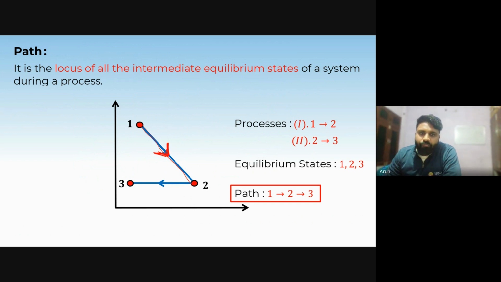So we have moved from 1 to 2 and 2 to 3. These are equilibrium states, because we are measuring the temperature and pressure here, again here, and again here. So we can measure the pressure and temperature at the equilibrium points. We connect them by dots, by lines. So this locus that we have is termed the path of the process. Okay.